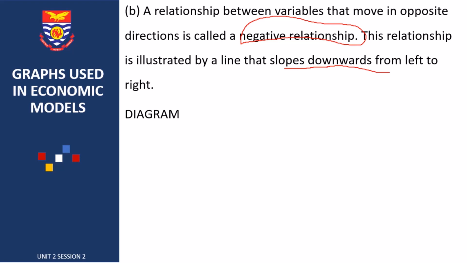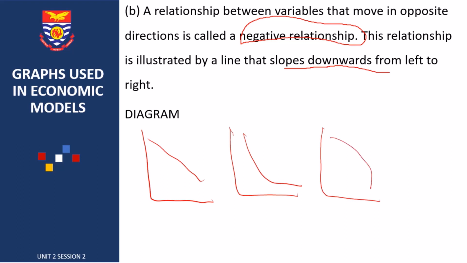Now we will sketch the graphs for us to understand. My graph is going to be like this, or I can have it like this, or like this. I have my origin, x, y.